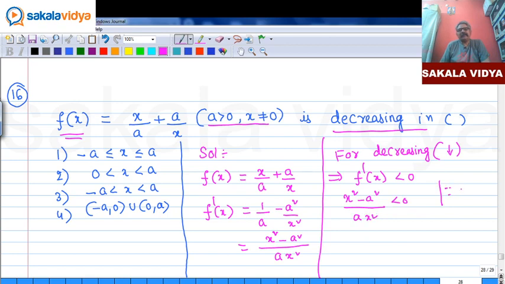Here we know that a is positive, a x square is always greater than 0. Negative by positive only gives negative, that means the numerator must be less than 0. So x square minus a square is less than 0, and next we get (x plus a) into (x minus a) less than 0.